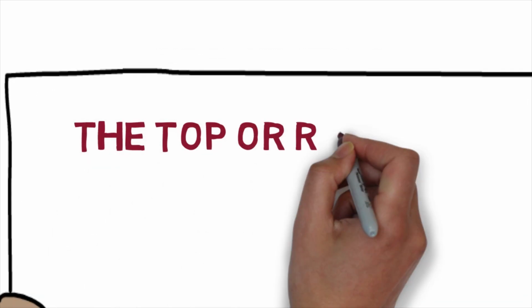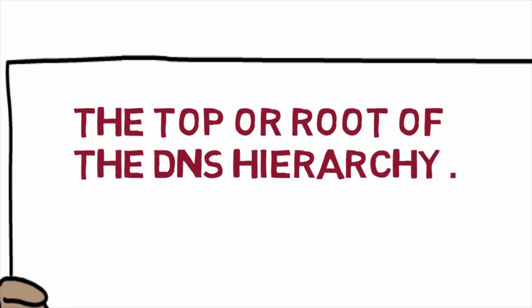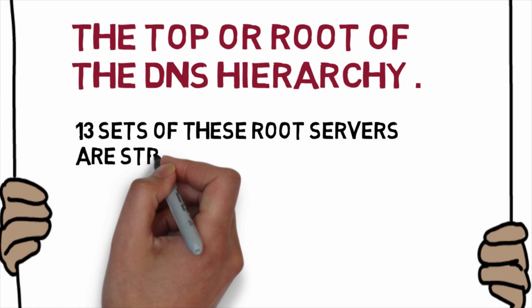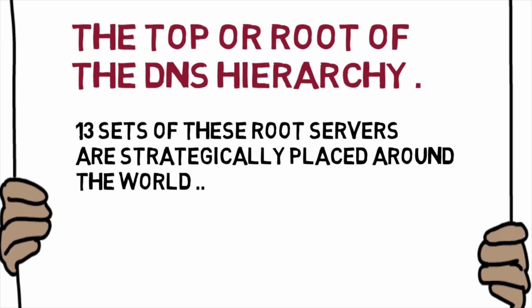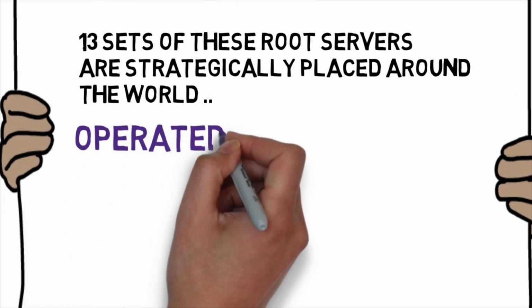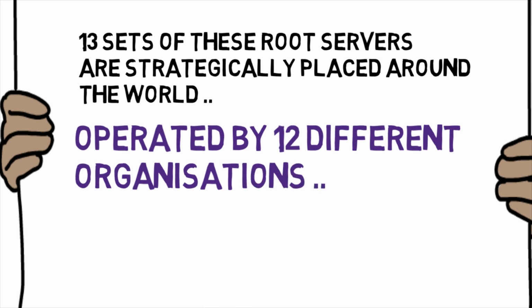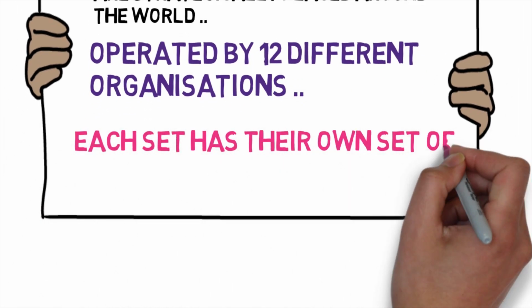The root server is the top or the root of the DNS hierarchy. 13 sets of these root servers are strategically placed around the world, operated by 12 different organizations. Each set has their own unique IP addresses.